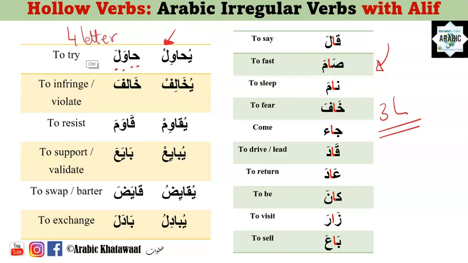So it's fi'al ruba'i, it's a 4-letter verb. And in this case, alif does not change. So basically, like we said with nama and khafa, these two do not change. Yuhawilu, hawala, you will apply the exact same rule, which is keeping the alif. Let's see examples with alif maqsoura.